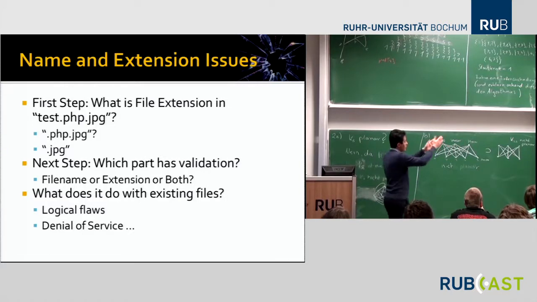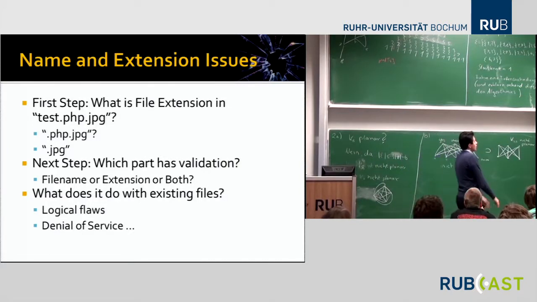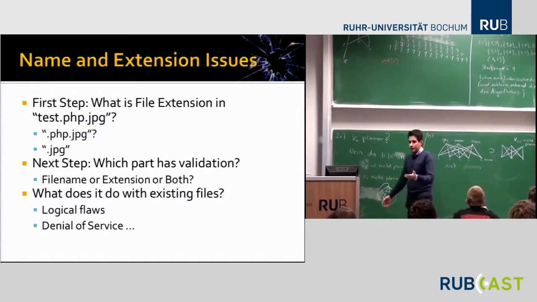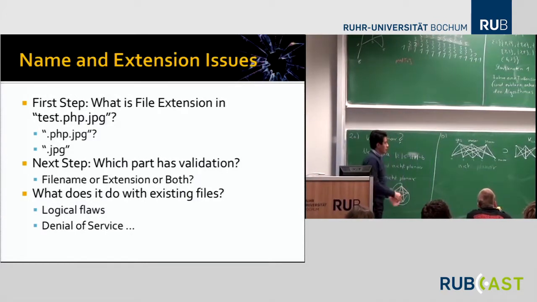So if, for example, in test.php.jpg, is .php.jpg the extension from the application's point of view, or is .jpg the extension? From the operating system's point of view, normally it is .jpg, but from the application's point of view, even if it is .jpg, it should validate the name. Next step is which part has validation: file name or just extension, or both.